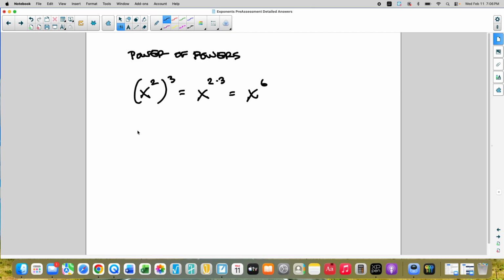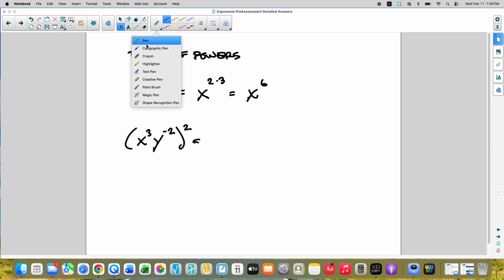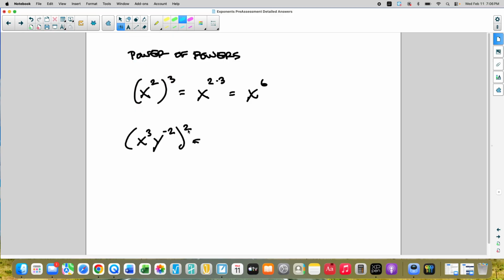The next thing, again, let's do the quantity of x to the third, y to the negative 2, to the second. When we have a power out here, we are going to distribute it out to each item. So it goes to this term and this one, to both of these pieces.